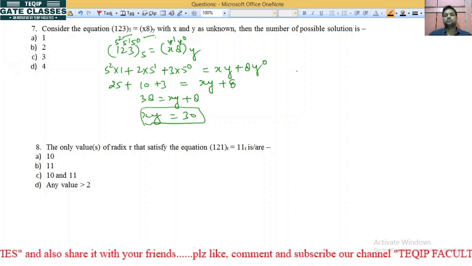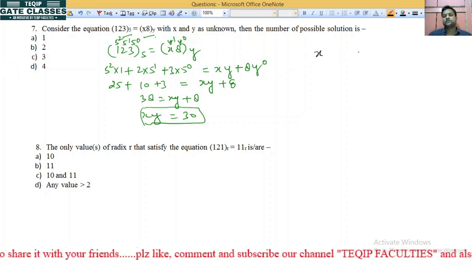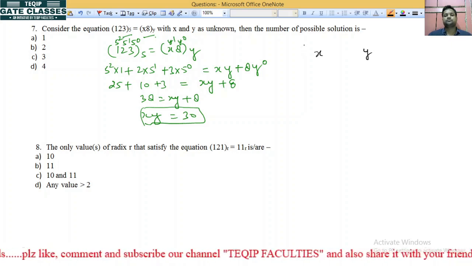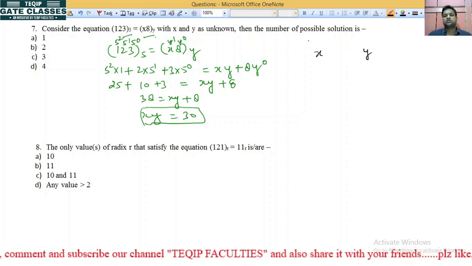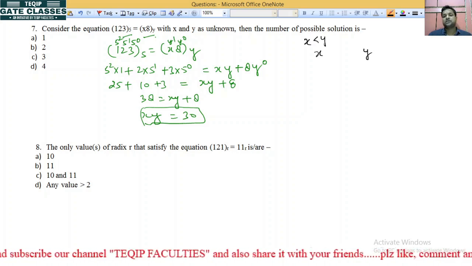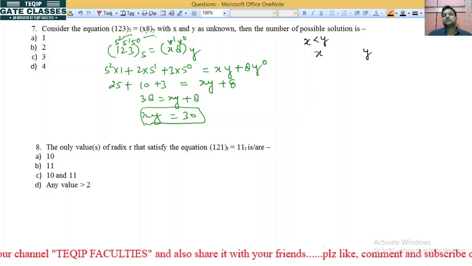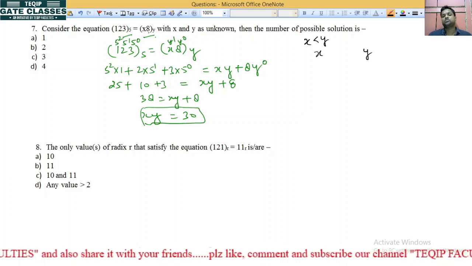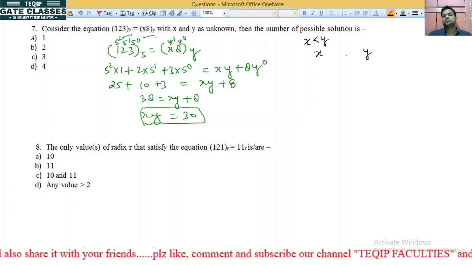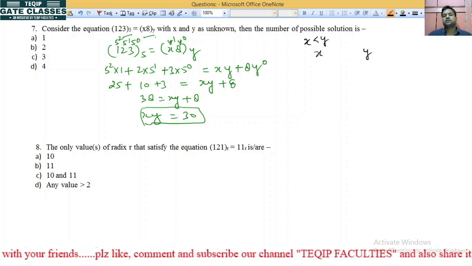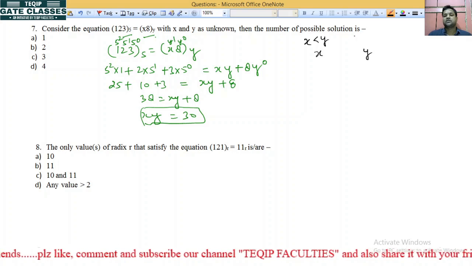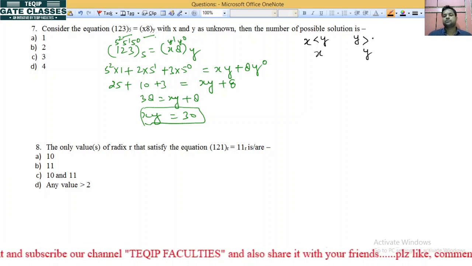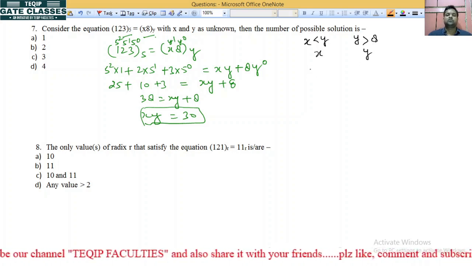Now I want the number of possible solutions. Here x, here y. What are the possible values of x? But it will always be less than y, है ना। क्योंकि जब भी कोई नंबर हम लेते हैं तो उस नंबर के जो डिजिट होते हैं हमेशा उसके बेस से कम होते हैं। बेस इज y, that's why x is always lesser than y, and y is always greater than the maximum digit, which is 8, so y is at least 9.